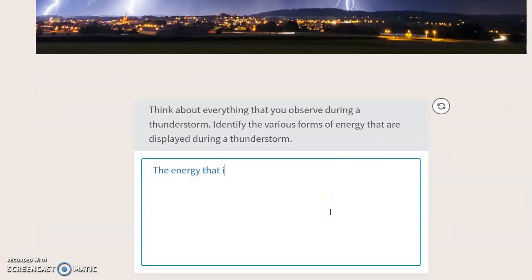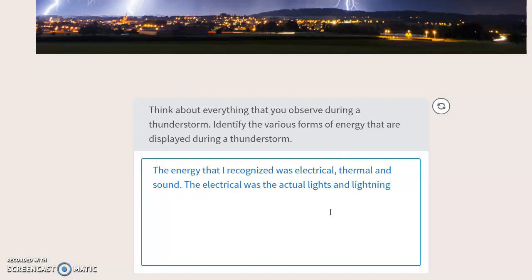The energy that I recognized was electrical, thermal, and sound. Electrical was the actual lights and lightning.